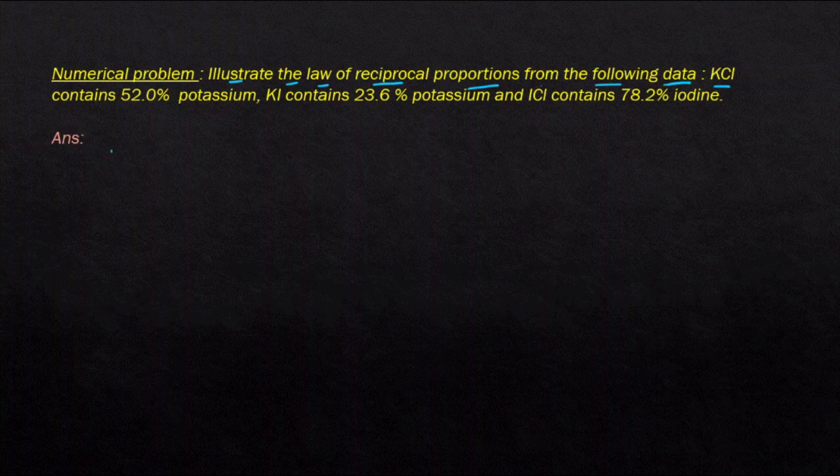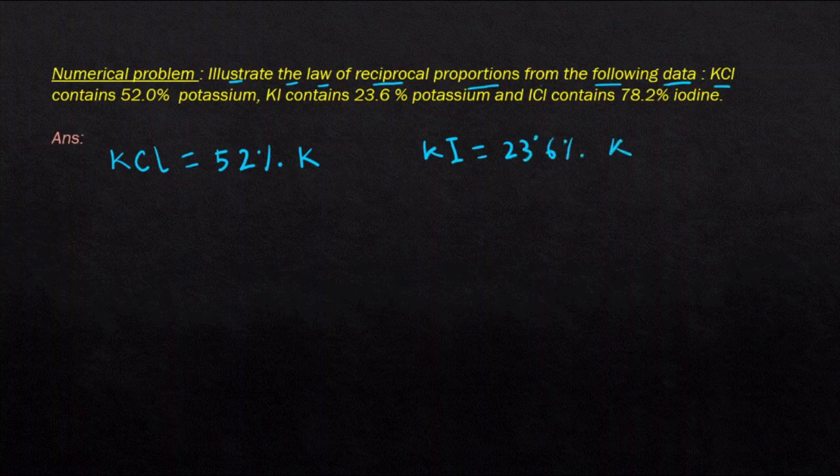KCl, this is our first compound, contains 52% of potassium. And KI, this is our second compound, contains 23.6% of potassium. So first let's deal with these two compounds, then we will think of the third one.